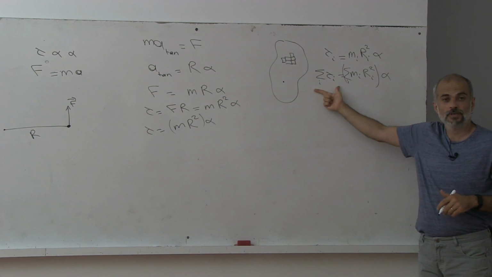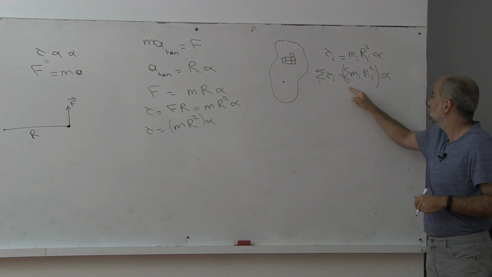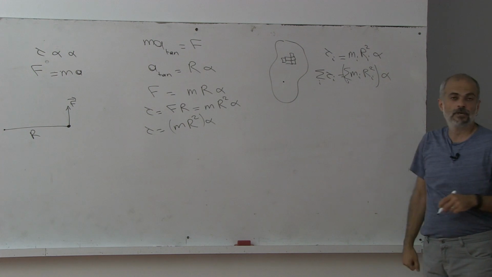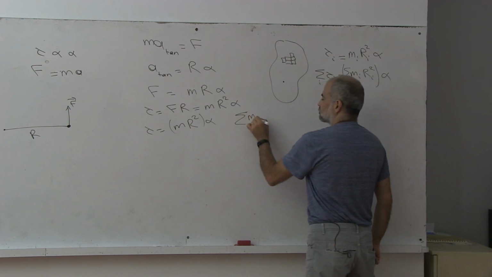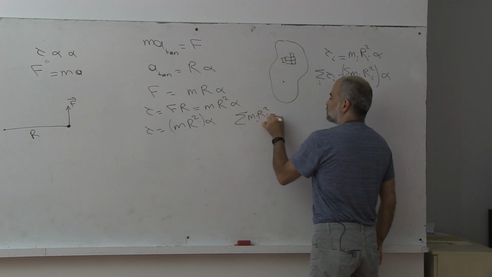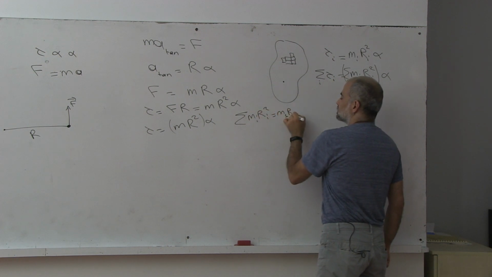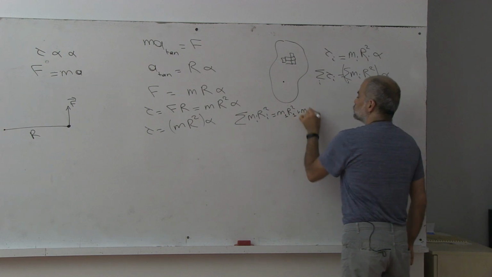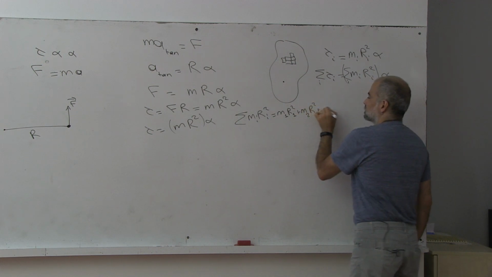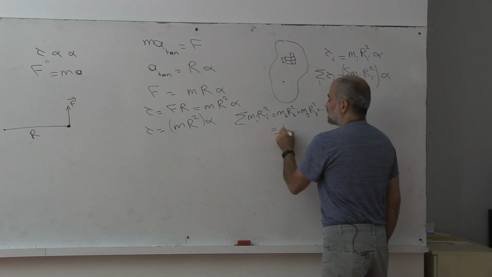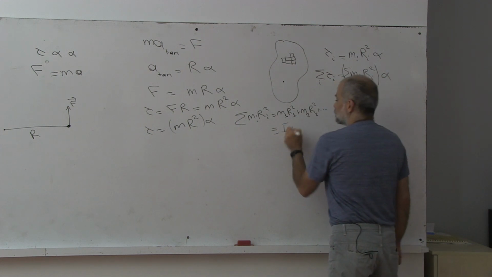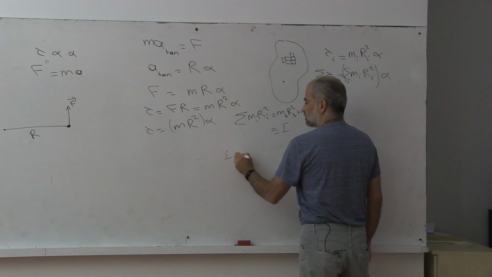So the total torque acting on the system will be equal to this number multiplied by alpha. That number, m1 r1 squared plus m2 r2 squared plus so on, just the sum for each part, is usually denoted as I, and it is called the moment of inertia.